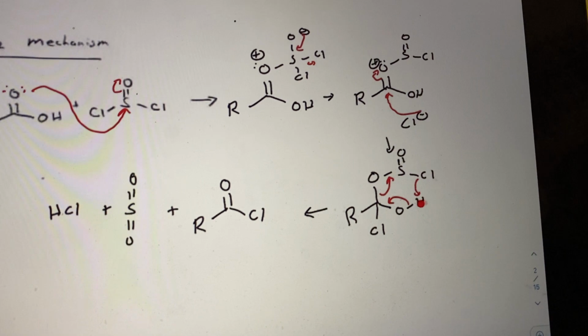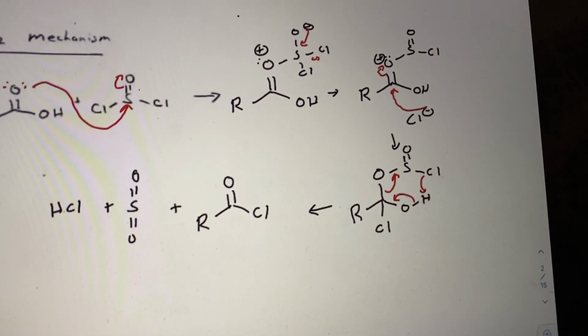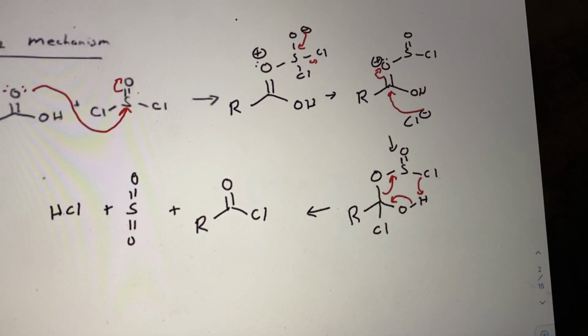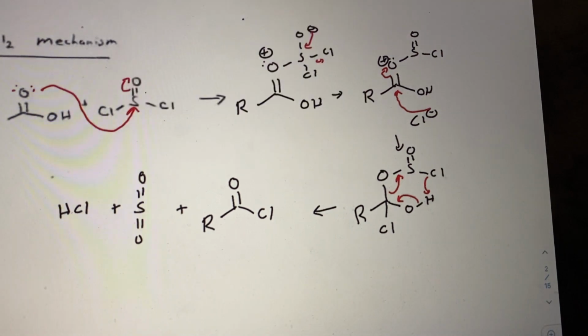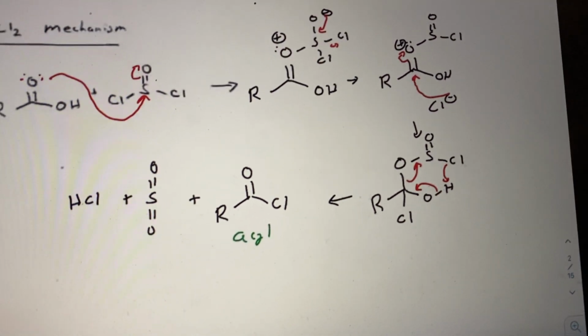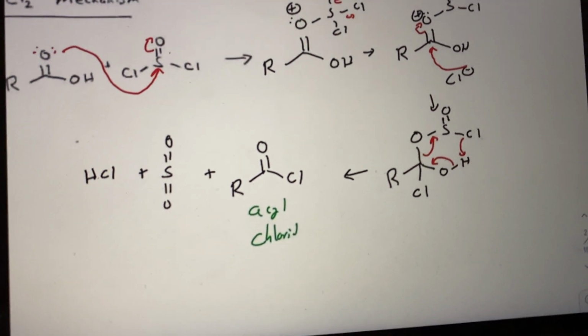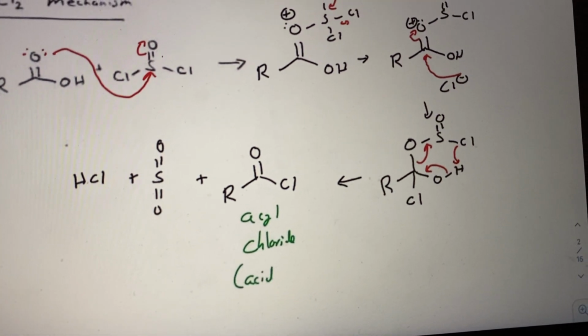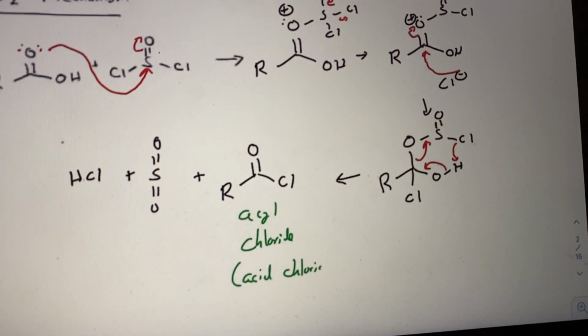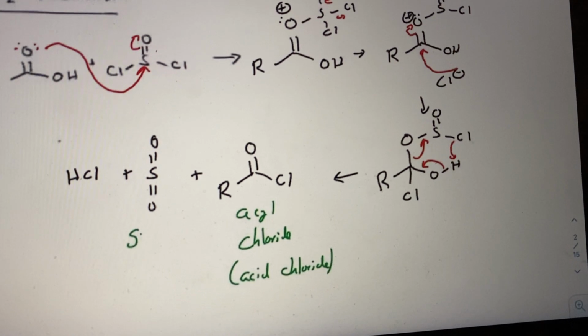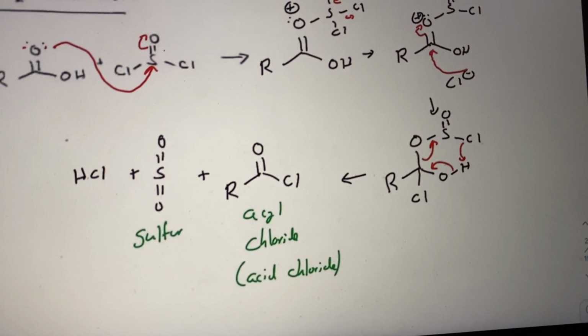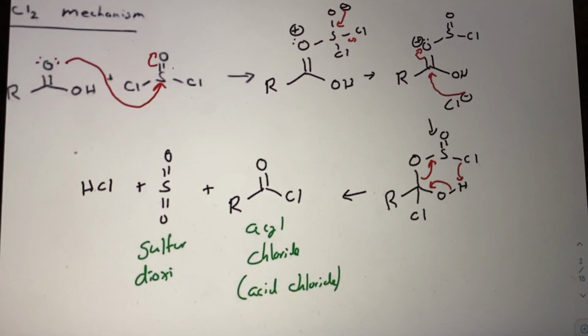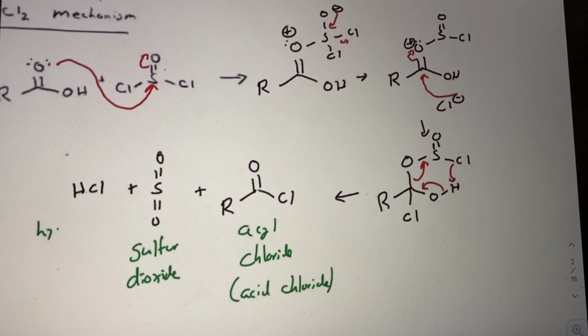So we'll have hydrogen chloride here, so HCl. So those are our products. This is the acyl chloride that we want. Sometimes these are known as acid chlorides. Sulfur dioxide. And of course this is hydrochloric acid.